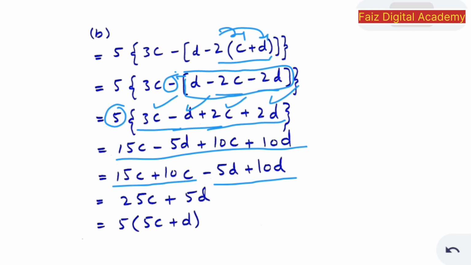Plus plus is plus, 15 plus 10 is 25c, and plus minus is minus, so we subtract 5 from this 10 and we get the answer 5d. And because the bigger one was carrying the plus sign, there is a plus sign in between them. So this is how we simplify the algebraic expressions which are carrying different brackets and in which there are different levels.